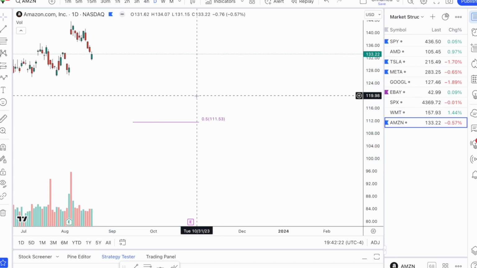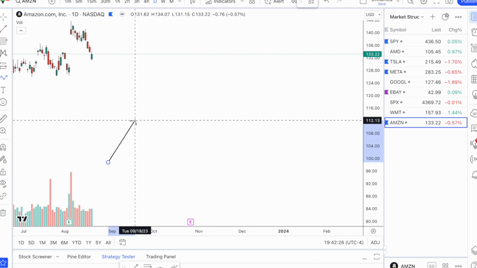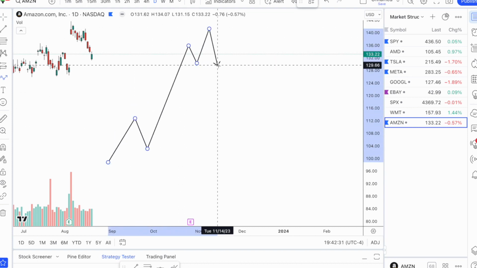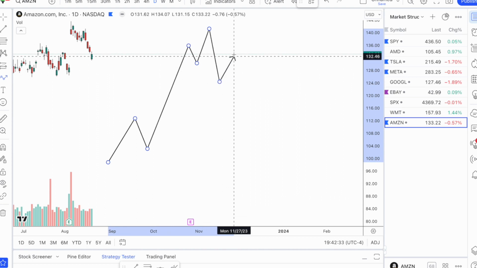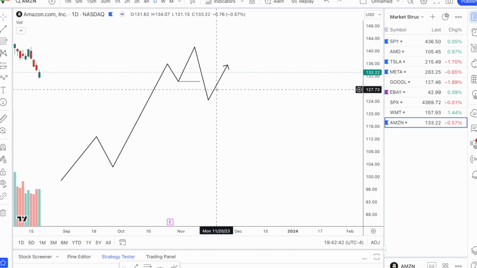So, what is the fake? What does that mean? How does this work? Well, a lot of times we'll get something like this. We'll get a deep pullback, we'll get a small pullback, and then price will end up breaking that low. And we're going back up. Price breaks this low here, then everyone at this moment in time, when price is down here, starts screaming, oh my god, we're in a downtrend.